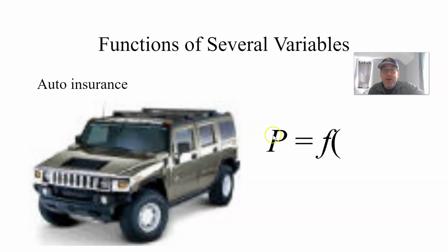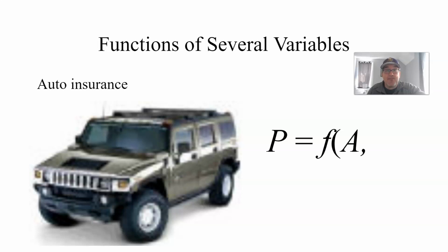The premium that you pay for your auto insurance is a function of, and I've left this blank because I want you to just think for a minute, the premium you pay for your car insurance is a function of what other quantities, plural, multivariable, a function of several variables. Think with me on this, okay?